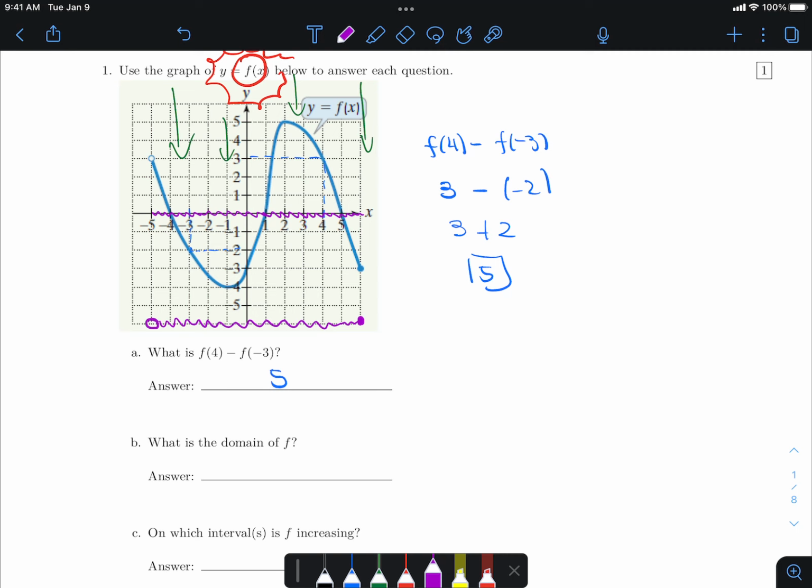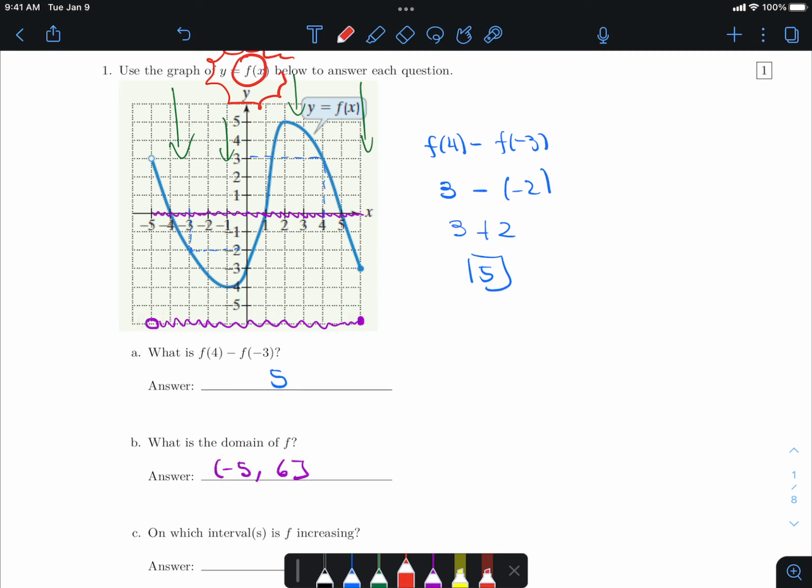To indicate that using interval notation, we are going from negative 5 all the way to 6 closed. So this is brackets because this is filled in, and this is parentheses because this is empty.